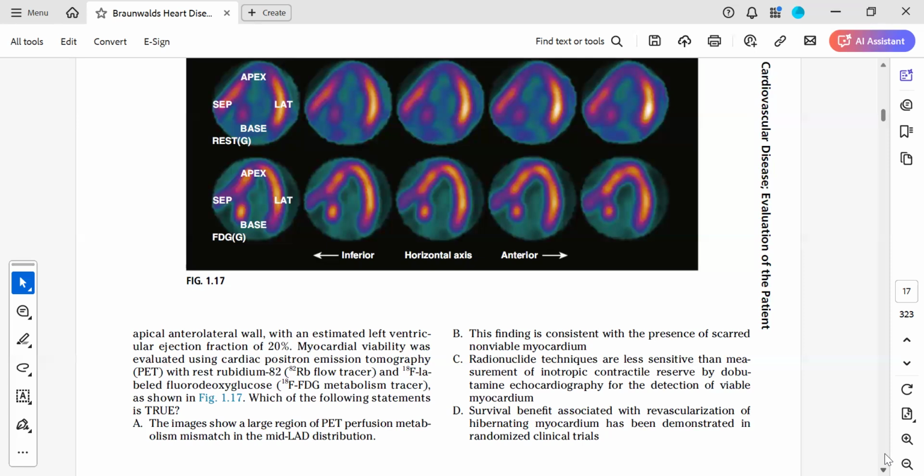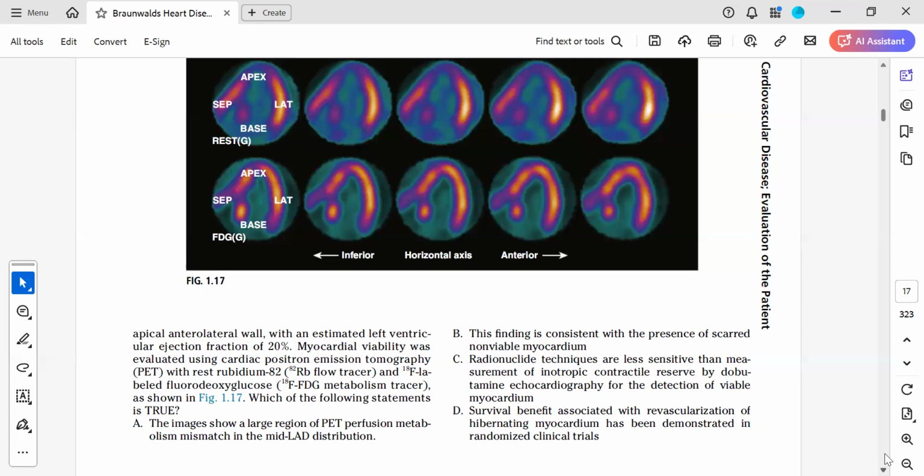But since we are comparing dobutamine echocardiography with the radionuclide technique, dobutamine echocardiography is more specific and less sensitive compared to radionuclide.